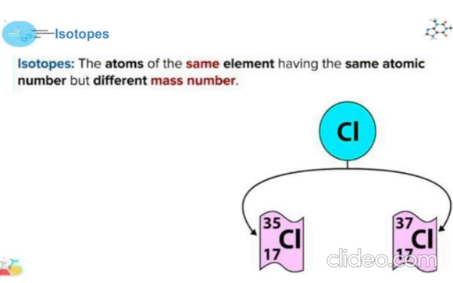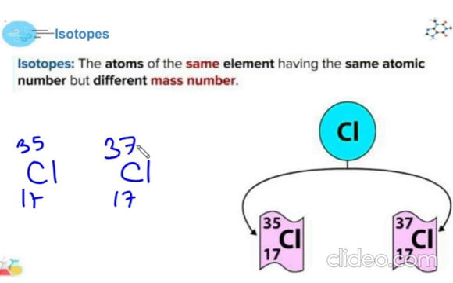If I take two atoms of the same element, suppose chlorine, one chlorine has the atomic mass 35 and atomic number 17. The other also has atomic number 17, but the mass is 37.